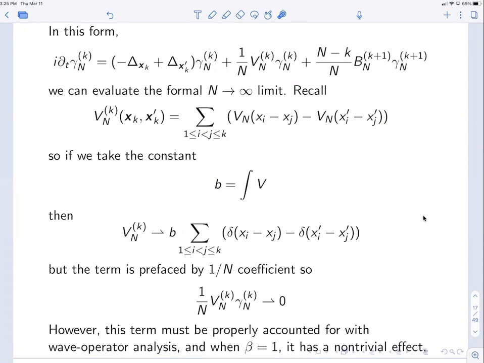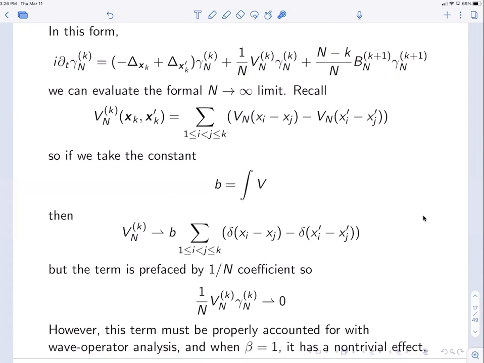However, this term must be actually properly accounted for, because convergence to delta is actually some type of singular convergence, and so it all depends upon how things are estimated, whether the strength of that singular type of limit is comparable to n or not.